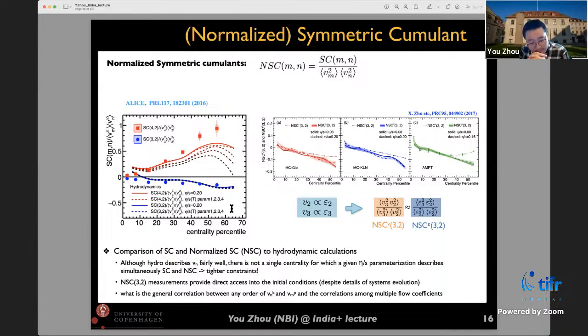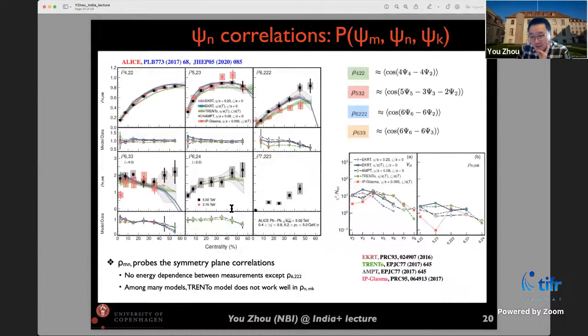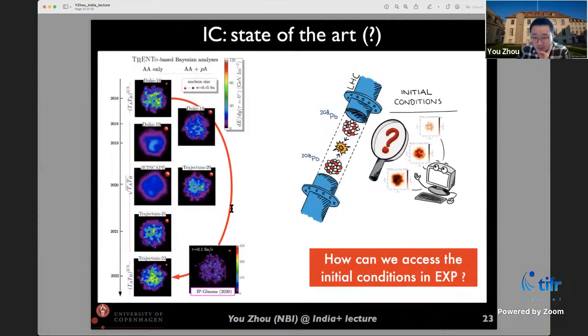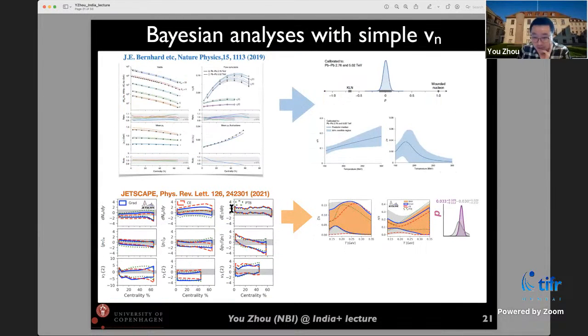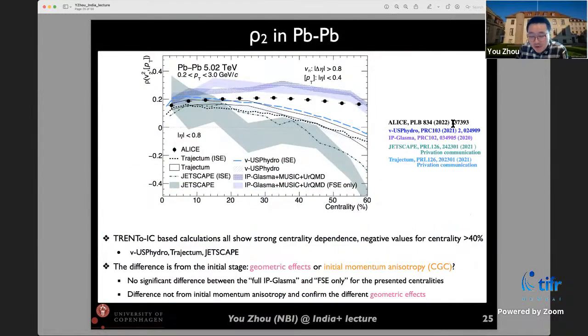Yeah, actually it's very hard to say, because if you asked me two years ago, I would say that the Bayesian analysis is very reliable, and they do extract the initial condition. For example, here p equals 0 with TRENTo, which is similar to IP-Glasma or EKRT. At that time, I was convinced that this is one of the best we can do. But then you see, after this v2-pT correlation, it just destroyed my whole confidence in the Bayesian analysis.